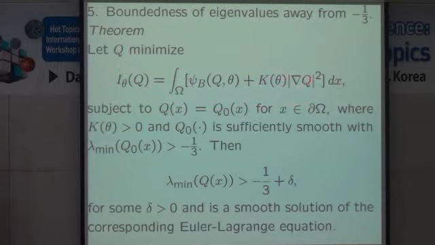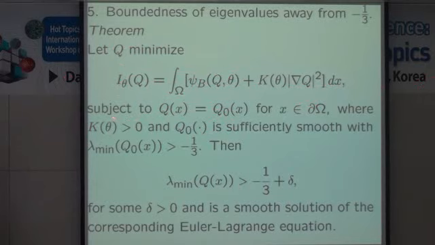So here I've taken the simplest one-constant gradient term. There's a good reason for that, which is that I can't do it if I don't make that choice. And then you minimize this subject to some boundary data.